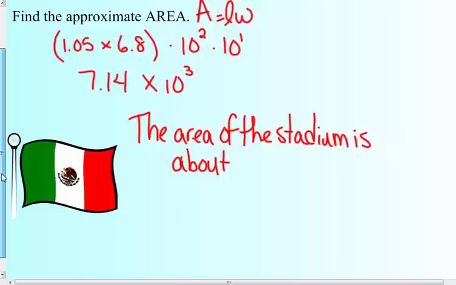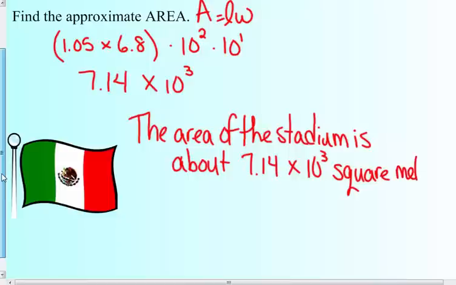I'm going to say is about 7 and 14 hundredths times 10 to the third square meters. Or I could use my abbreviation, meters squared, meters to the second power.